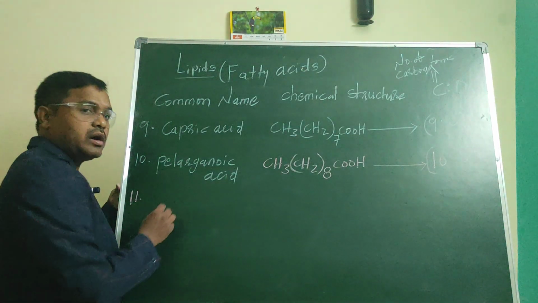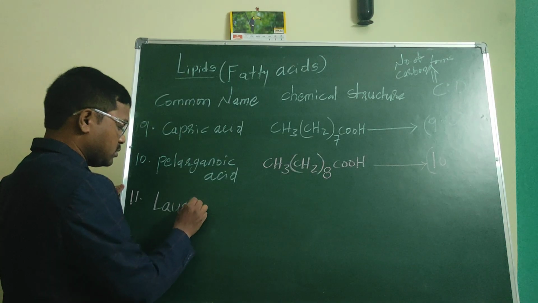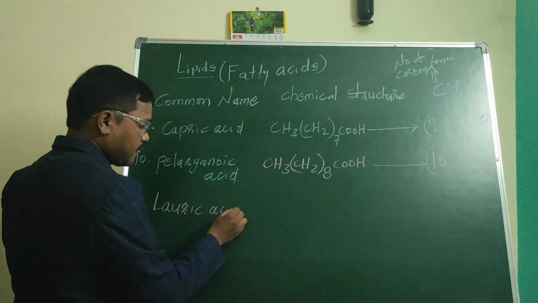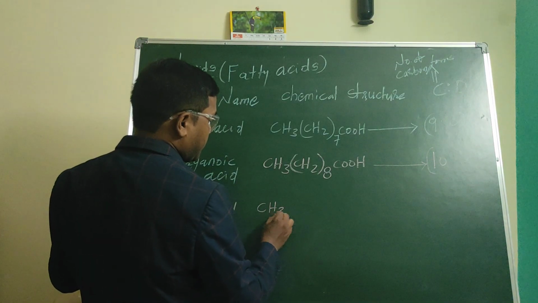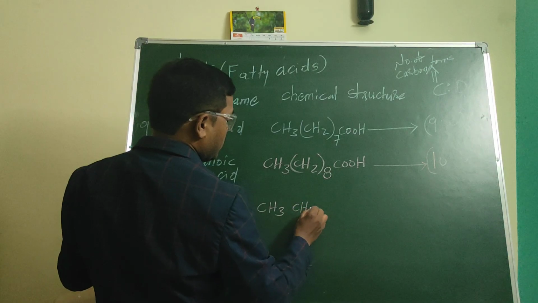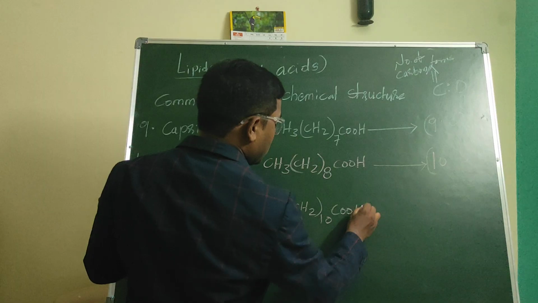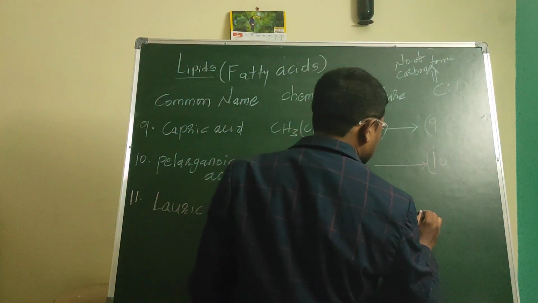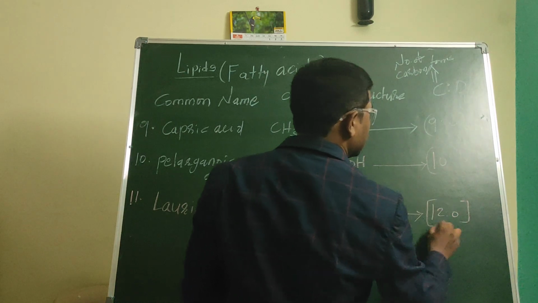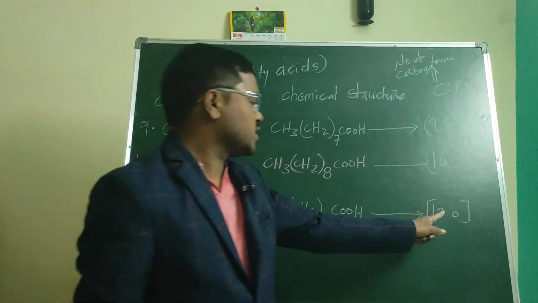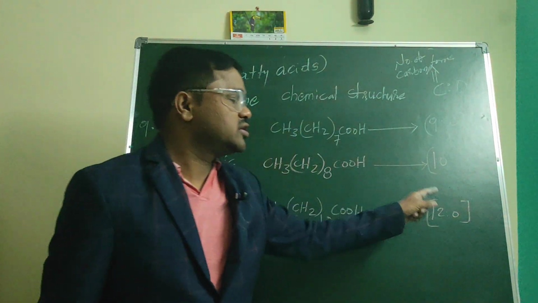Next, lauric acid. Number of carbon atoms is 12. The number of double bonds in lauric acid is 0.